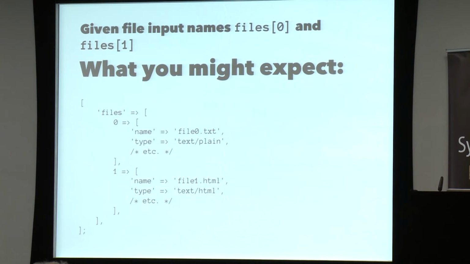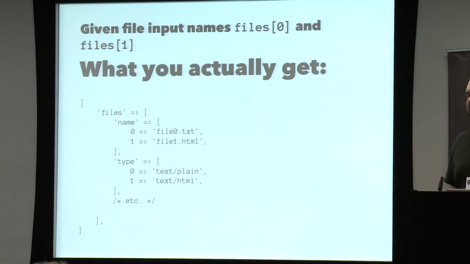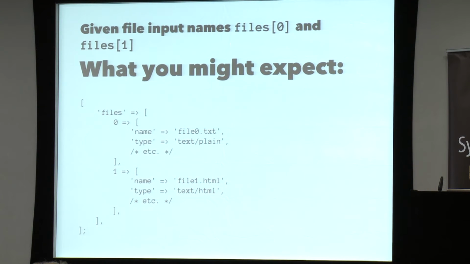Uploading files. So if you upload multiple files to a PHP application, you might hope for something reasonable like this, where you would get the values broken out nicely. But we're PHP developers, so we get to deal with some other weird construct that makes absolutely no sense to anybody. It's different if you upload one file. It would look like this.